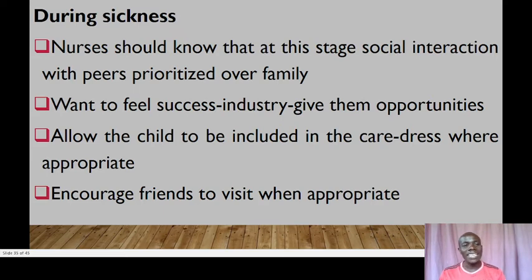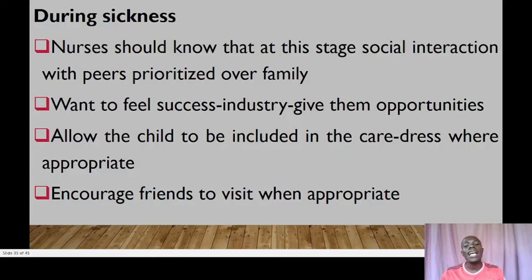So during sickness, what happens to this, and how should you handle them as nurses so that you develop that concept of industry? Okay, nurses, you need to know that at this stage, social interaction with peers is prioritized over family. So they want to feel more successful. So for industry, give them opportunities to work.